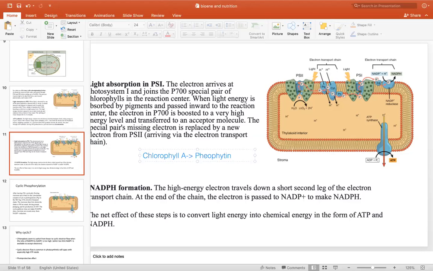Pheophytin to plastoquinone to cytochrome complex. And I'm going to draw a double line over here because over here is when the H plus ion actually enters the chloroplast.